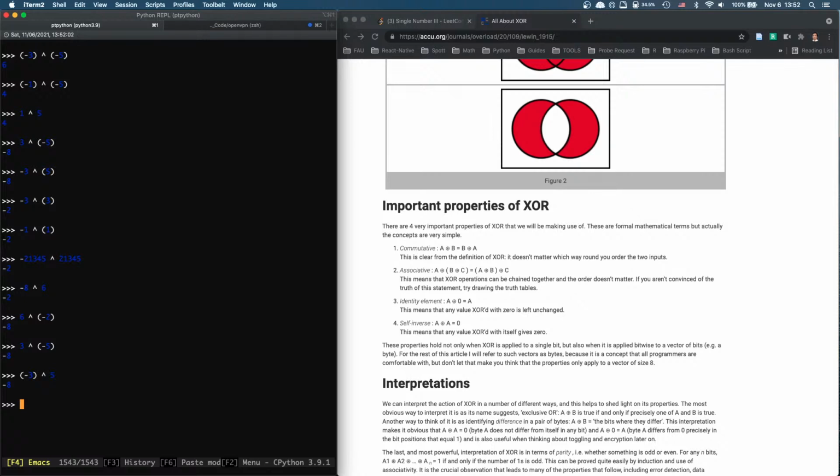Oh yeah, it's still 0. The result is the same. Yes, that means the result is the same, right?